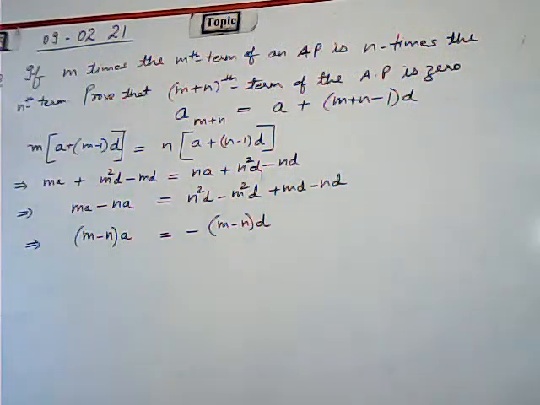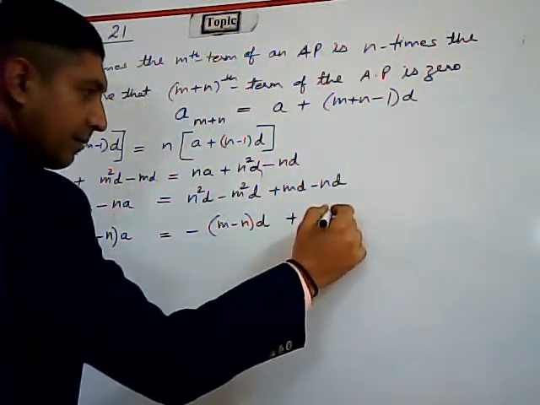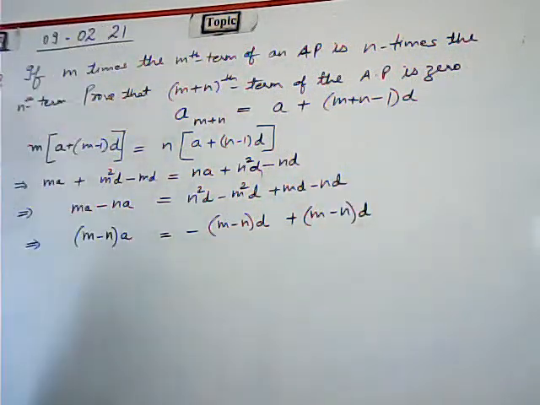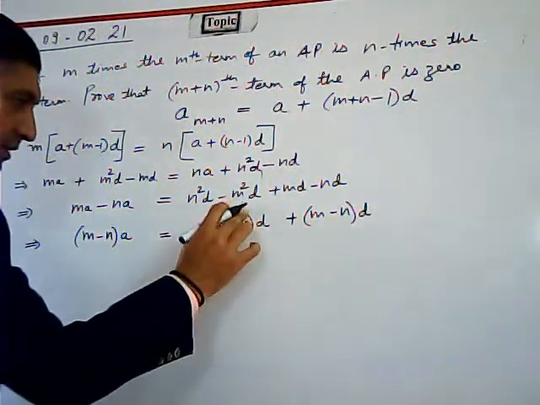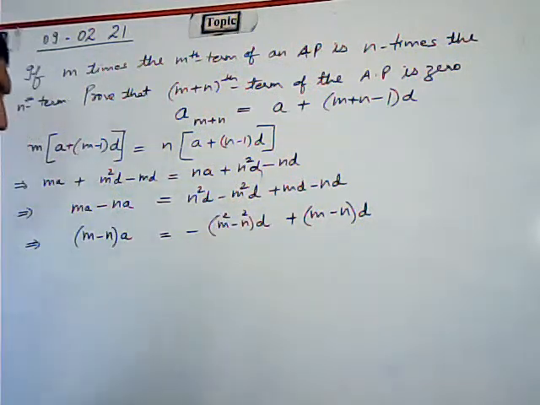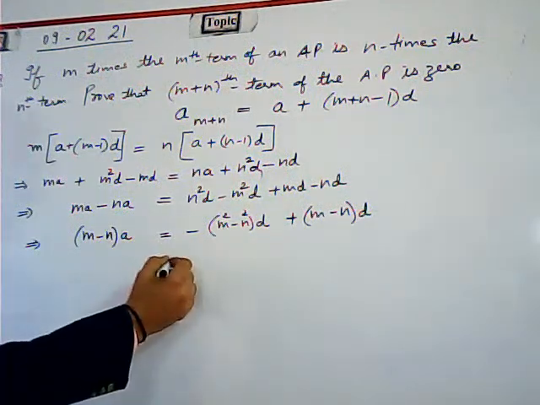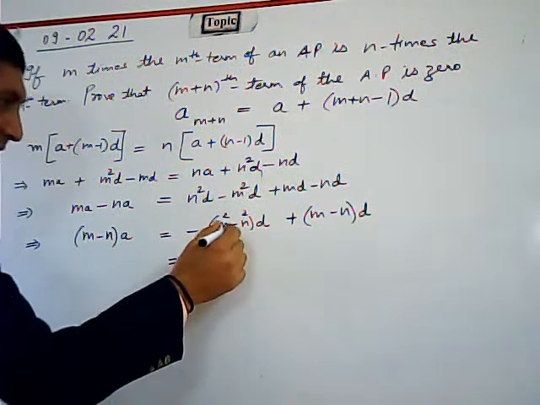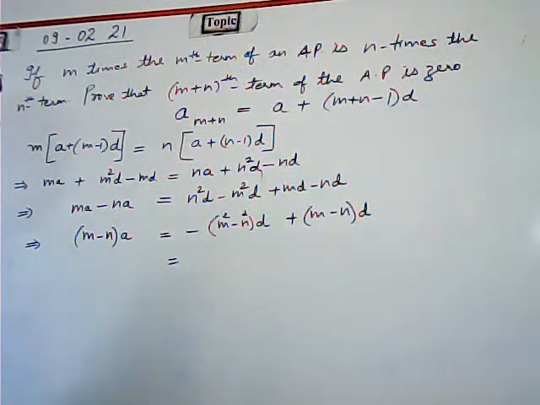So we get m minus n into d, and d is again common here. So here it is m square minus n square. We can take one common m minus n, right? m square minus n square is equal to m plus n into m minus n, right?